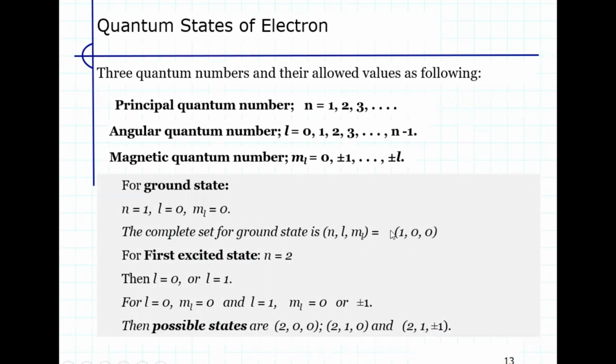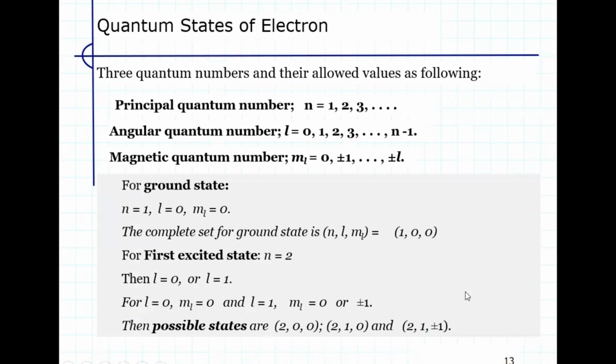the ground state electron. The first excited state is N equal to 2, and for that L is equal to 0 or L is equal to 1, two possibilities. L cannot be 2. For L equal to 0, ML is 0, and for L equal to 1, ML can be 0 and ML can be plus minus 1.